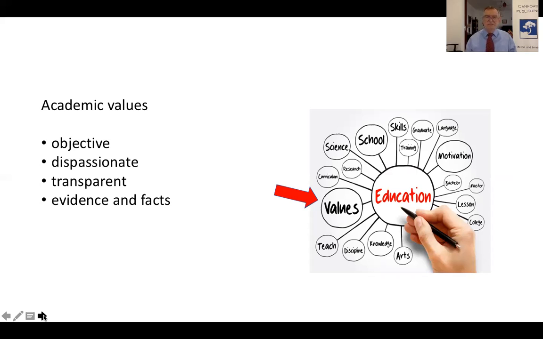They should be transparent in any research that they carry out, depend on evidence and facts before making a judgment, be truthful, acknowledge any sources that they have used along the way, and be ethical. I'll expand on that a little bit later when we look at advertisements in more detail.